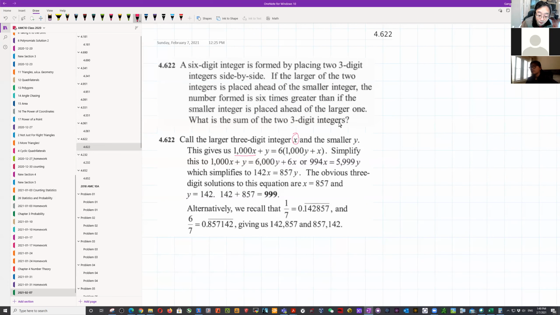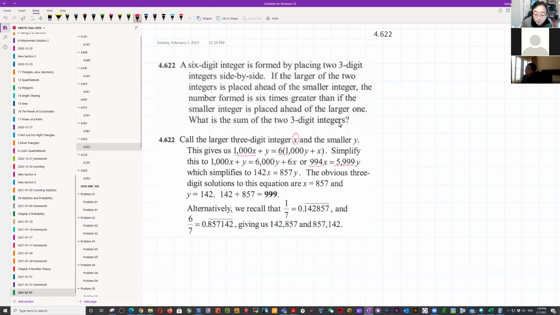You just do it algebraically. When you combine the terms, you get 994x, and the y term, and on the other side 5,999.